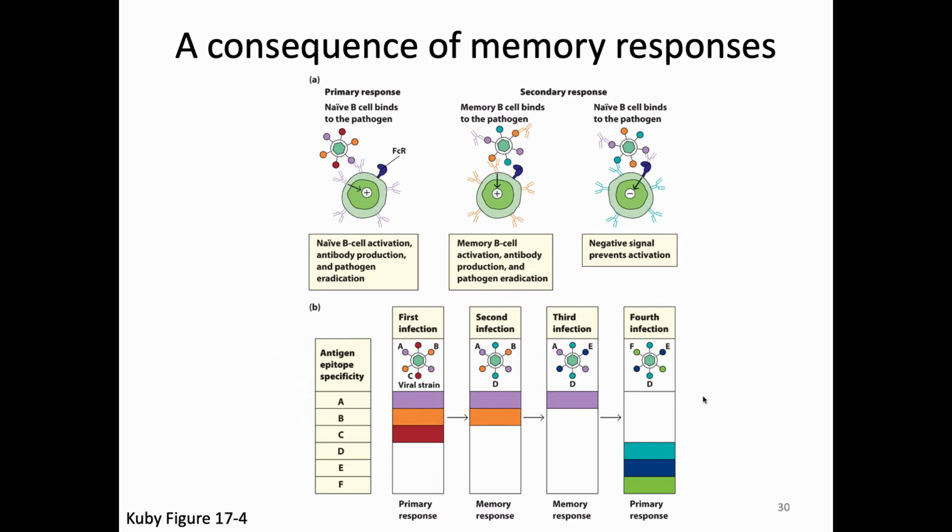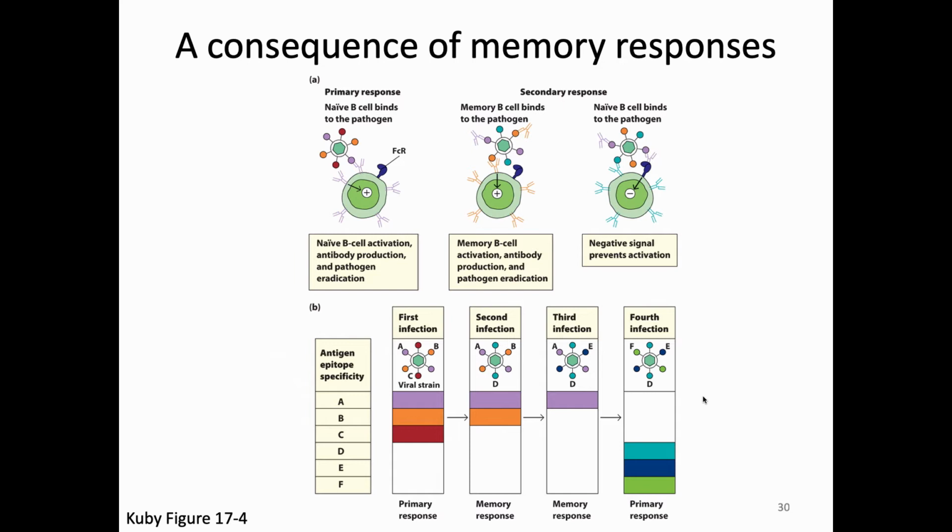Original antigenic sin, at least in the B cell case, you could understand pretty easily using a mechanism that I told you about last time with B cells. You can remember that when a naive B cell responds to an antigen, it will bind that antigen, which turns on the B cell.